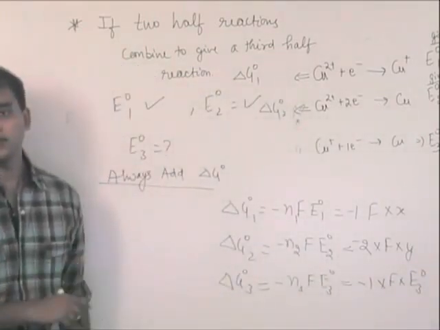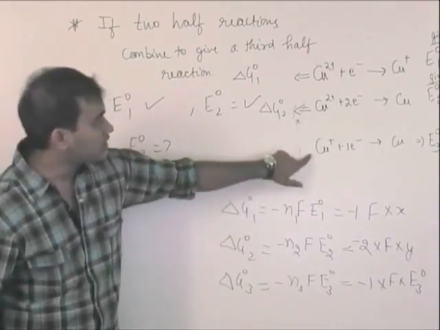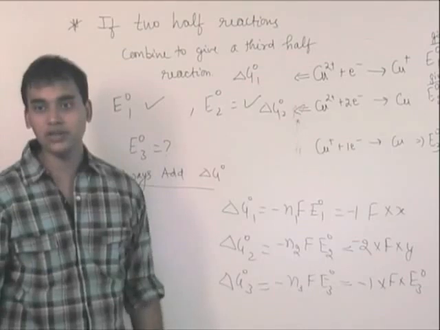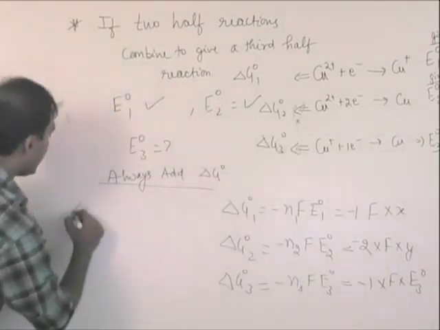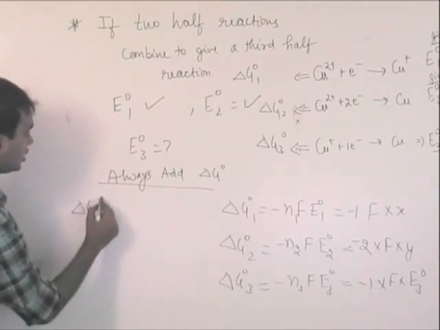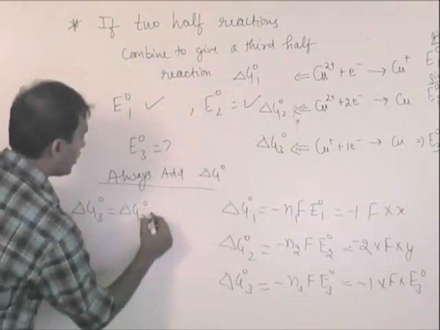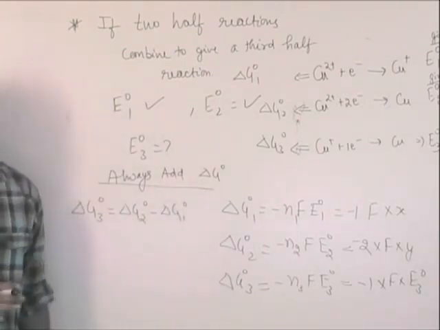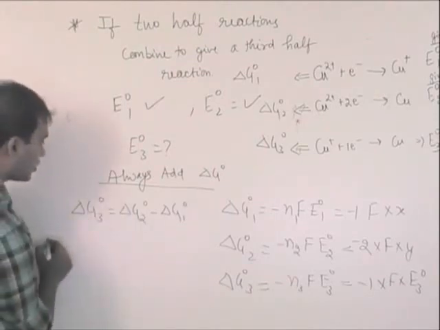Are we clear? So what I am telling you is now, if I want to get this reaction, what I will do? Delta G2 minus delta G1 equal to delta G3 naught. I can say delta G3 naught equal to delta G2 naught minus delta G1 naught, as we used to do in thermodynamics. Simple enough. Clear? So now write the reaction.